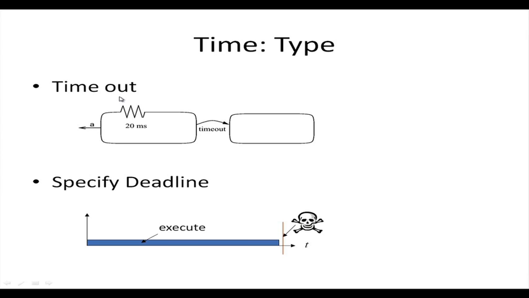Not too many modeling languages provide that, but we will see later that statechart allows such specifications. And this one is very common to us, specifying the deadline with respect to the tasks, because we have seen that several times in our real time system scenario, that it must complete its execution within this time.